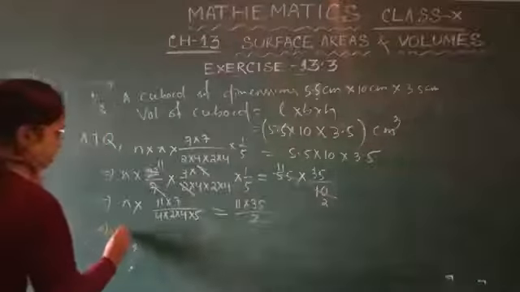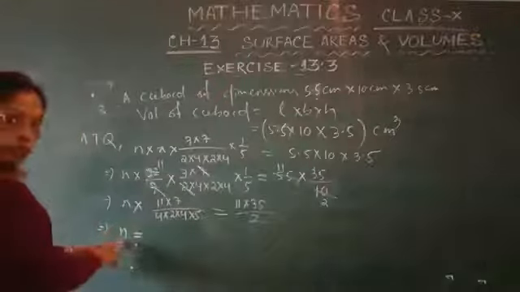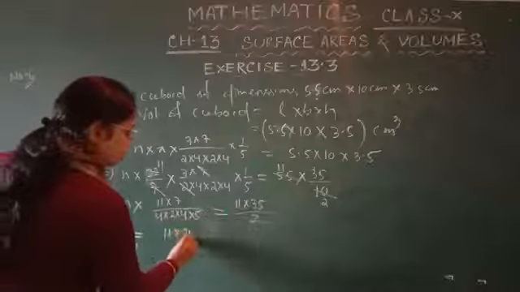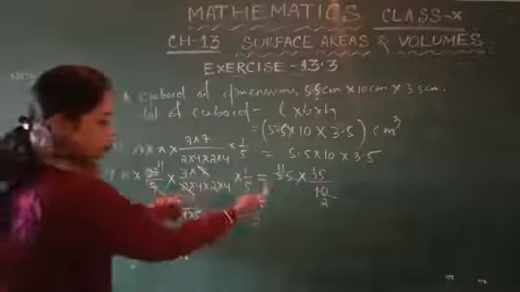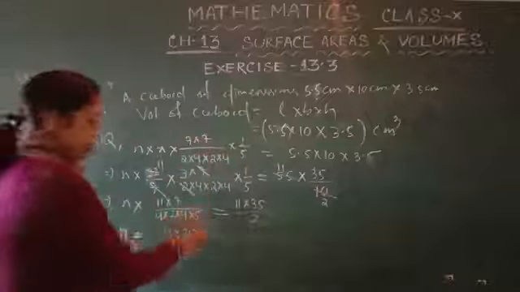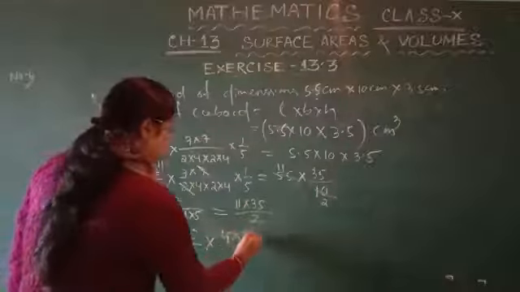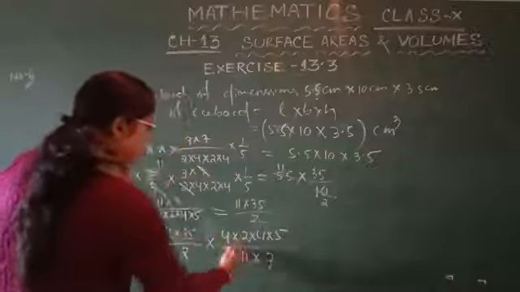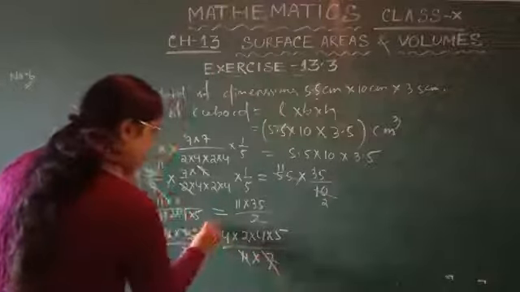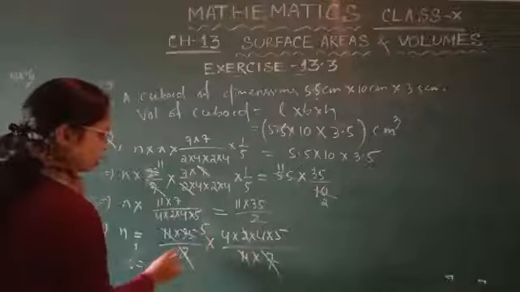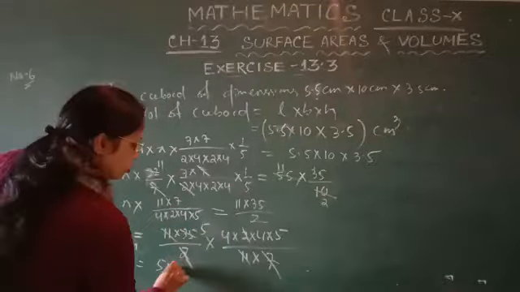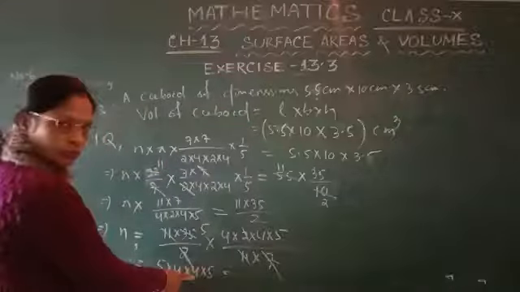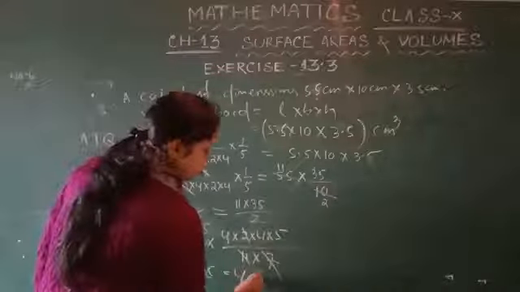Now this implies n is equal to, according to our question you find the number of coins, 11 into 35 upon 2, this divided by this, then it will be reciprocal, so into 4 into 2 into 4 into 5 divided by 11 into 7. 11 cancel, 7 is here, 5, 2 cancel, so that will be 5 into 4 into 4 into 5, 5 into 4 is 20, 5 into 4 is 20, 20 into 20, that is 400.